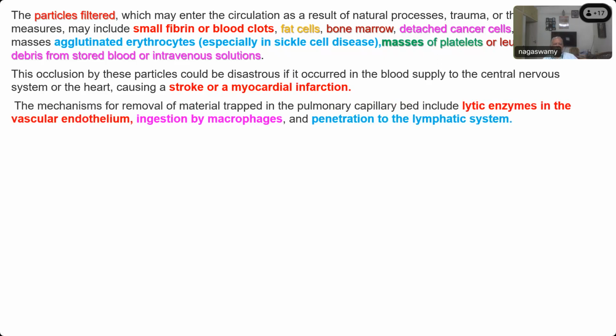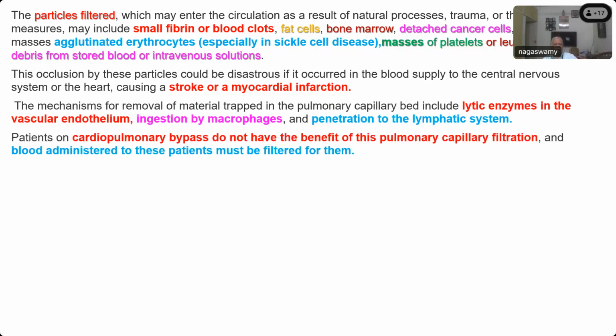The mechanism of removal of this trapped material is by lytic enzymes in the vascular endothelium of the pulmonary vasculature, also by ingestion by macrophages and penetration to the lymphatic system. Patients on cardiopulmonary bypass do not have the benefit of this pulmonary capillary filtration. That is a very important practical application of this particular function, and that is why we filter the blood administered to these patients artificially before we retransfuse it back to the patient.